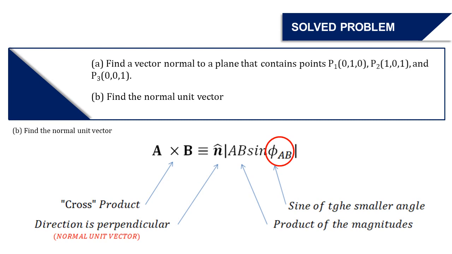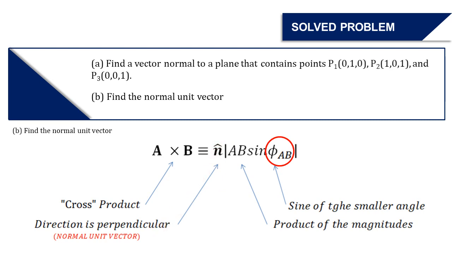Kailangan natin yung angle, the smaller angle between these two vectors para magamit natin yung formula na to. Remember, we already have the A cross B kanina sa letter A na problem. Ang gusto natin makuha is itong n hat. Right? Kasi yan ang magsasabi ng ating unit normal vector.